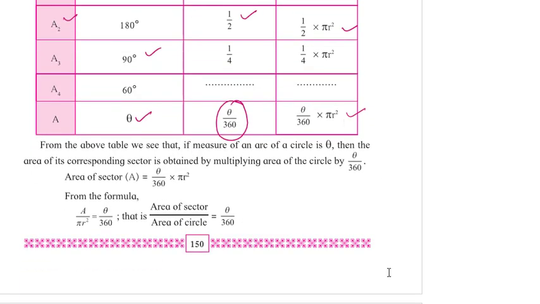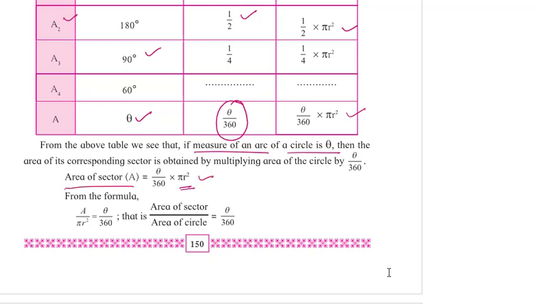So the area of sector A is theta upon 360 into pi r square. From the above table we see that if the measure of the arc, so this theta is the measure of arc of the circle, is theta, then the area of the sector is theta upon 360 into pi r square.